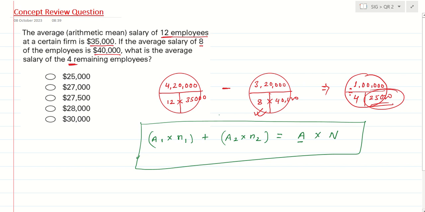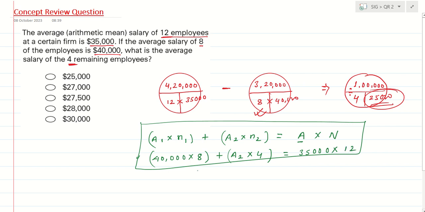Now, A1 is given, 40,000. N1 is 8. What is A2? I do not know, I need to find it out. N2 we have as the remaining 4. And A, the total average, is given as 35,000. The total number of elements is 12.